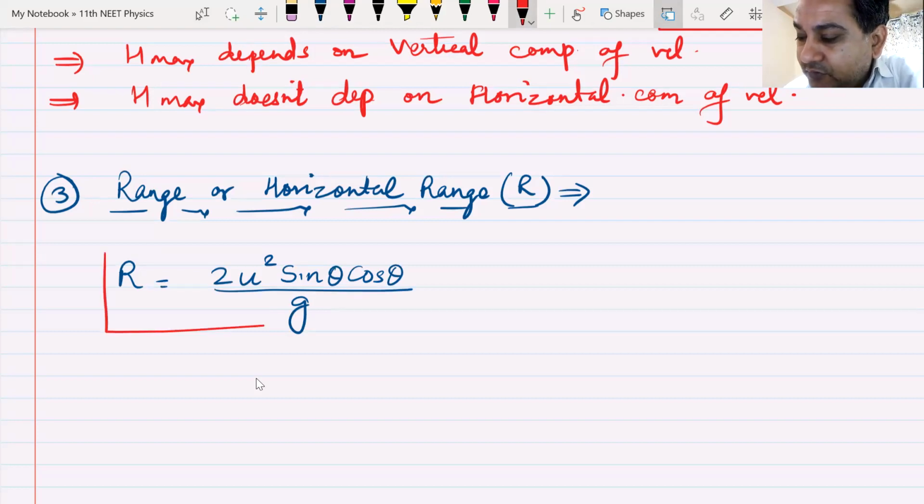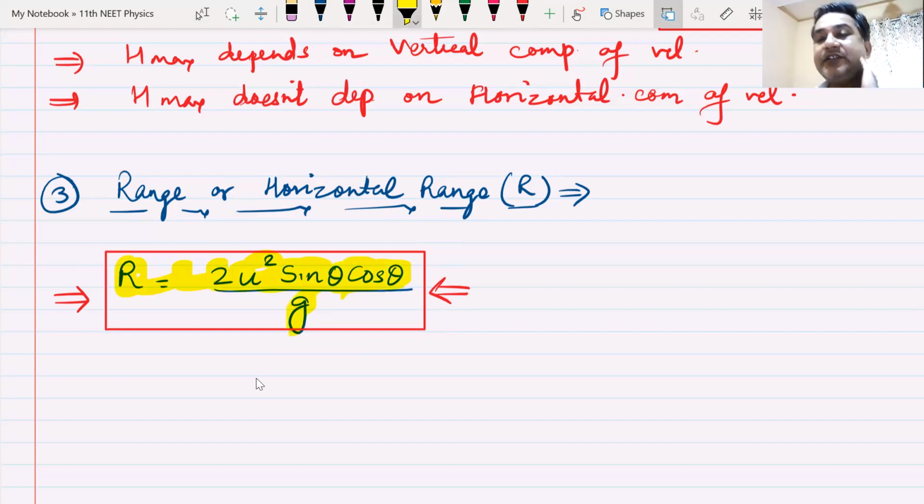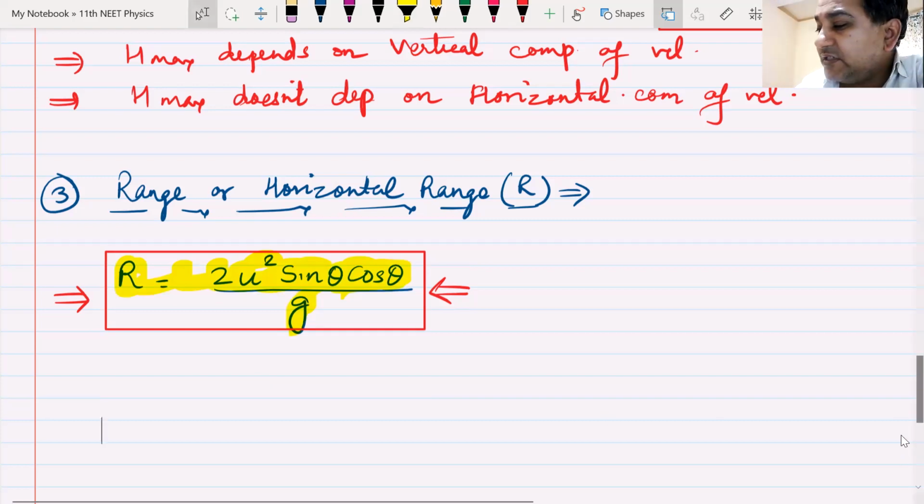This is the first way in which you can remember this: 2 times u square sine theta cos theta by g. Now, as soon as you see this, range is 2 times u square sine theta cos theta by g.